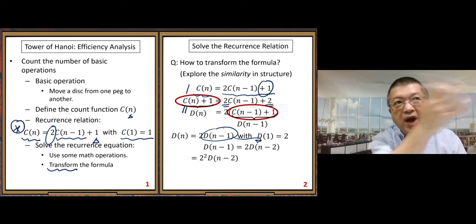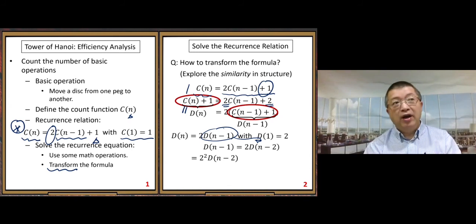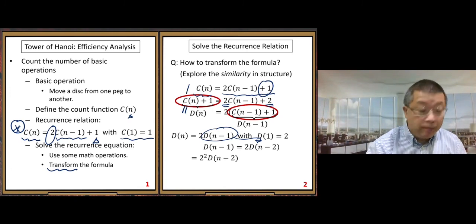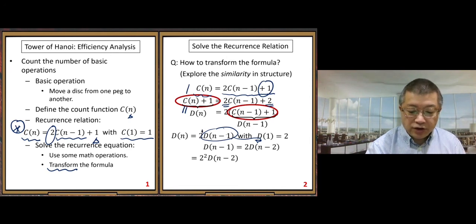Using some invariant quantity, some number, you use that to keep track of the change in the middle. How to get that invariant number? Look at the exponent of the power of 2. Here, 2 to the first, plus the size n minus 1, that's 1 plus n minus 1, that's n.